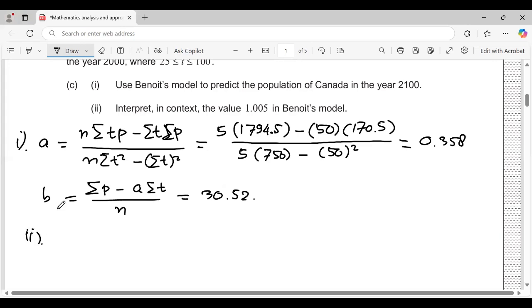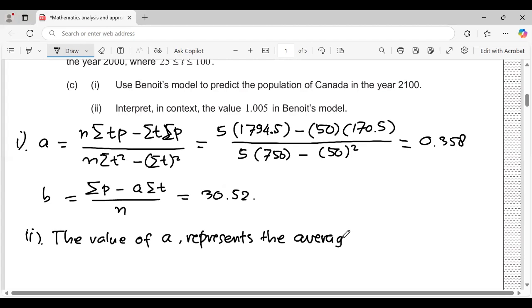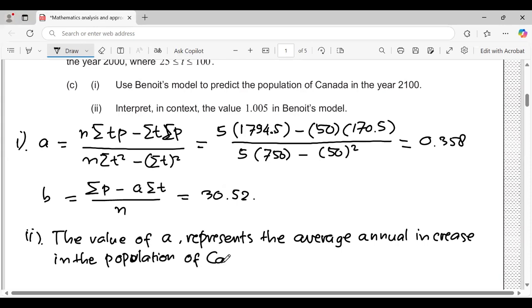Part 2, my interpretation, I would like to write here: the value of A represents the average annual increase in the population of Canada in millions.